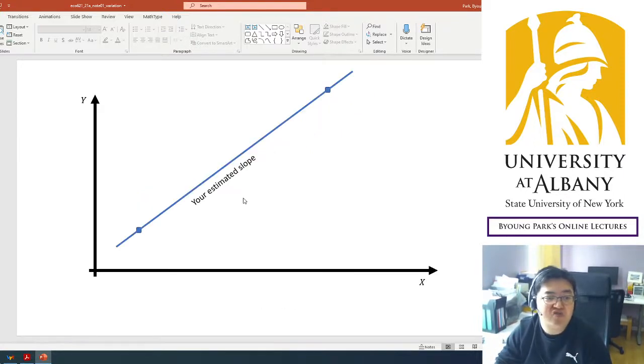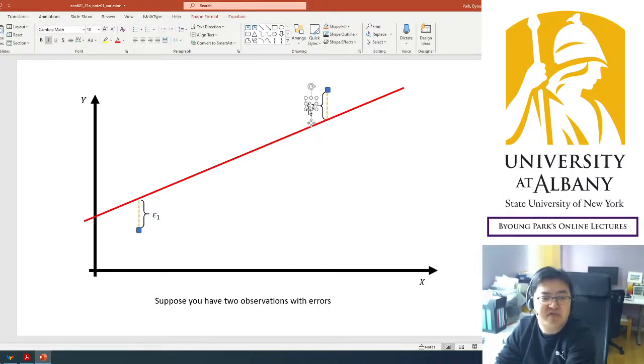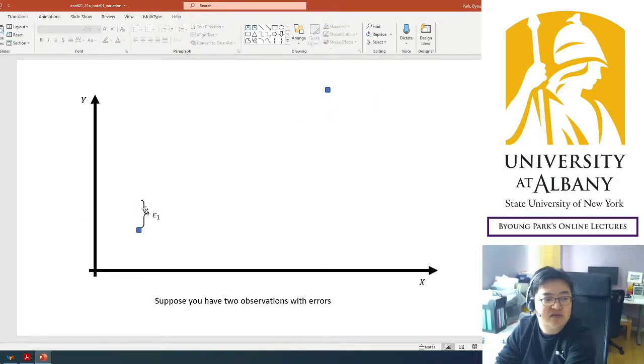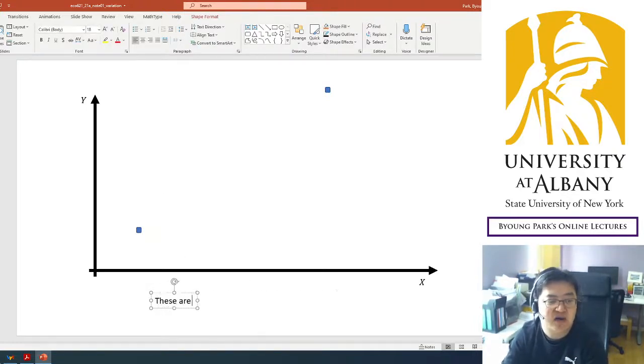Then what you do here is, these things are not observed. The only thing you observe is these two points. There's nothing else.